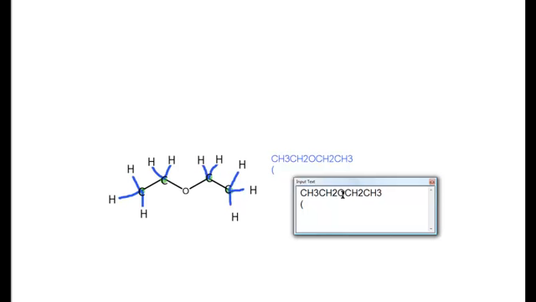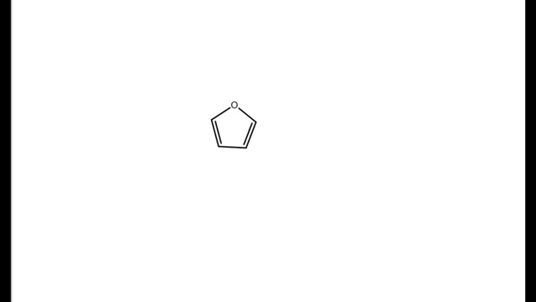We have 2 carbons, so they're ethyl. I could say it's CH3CH2, and I have 2 of those attached to an oxygen. So that would be correct. Either one of those would be correct. And remember, I can't do those subscripts. And our molecular formula would be C4H10O.